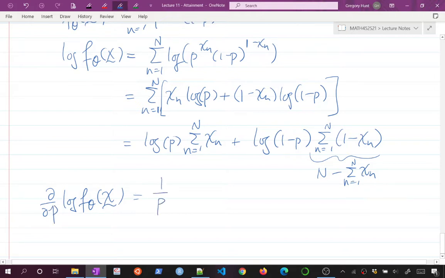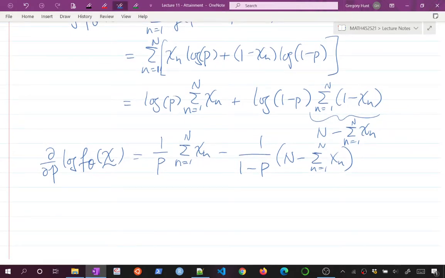The derivative of log of p is 1 over p. The derivative of log of 1 minus p, by the chain rule, is negative 1 over 1 minus p. You can check my math on that. That should be chain rule. And then I get an n minus something like that.